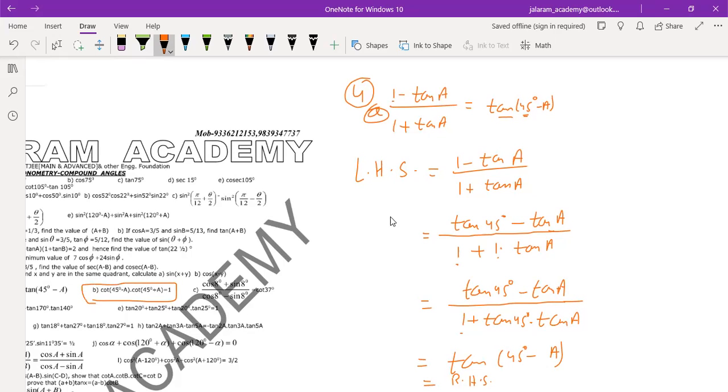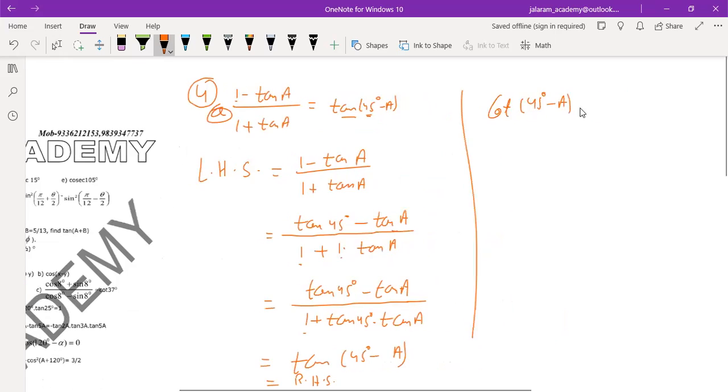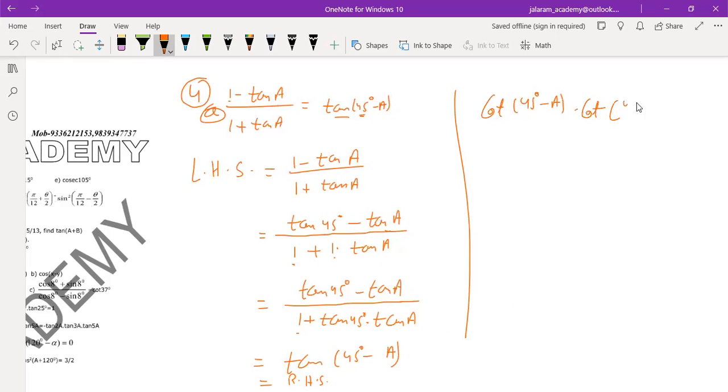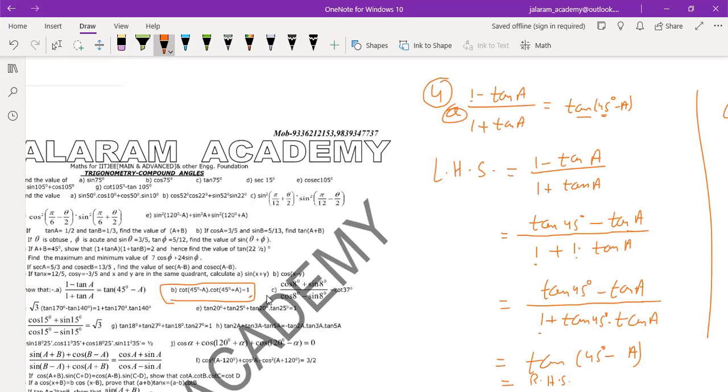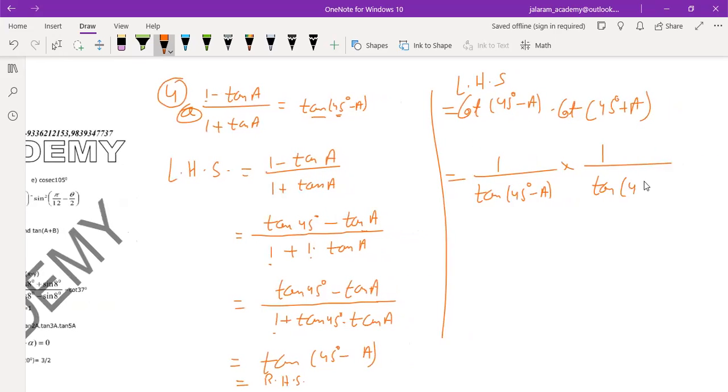In this, the LHS is cot(45 degree minus A) into cot(45 degree plus A), and we have to prove it equal to 1. So start with LHS, change it to 1 upon tan(45 degree minus A) into 1 upon tan(45 degree plus A).